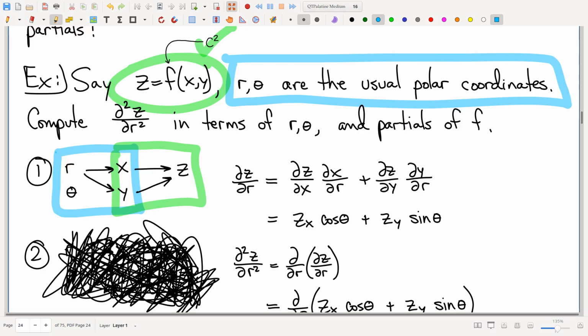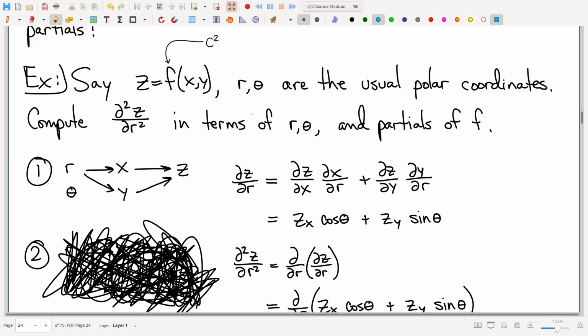Polar coordinates means x and y are functions of r and theta. And we know exactly what those glue formulas are, from chapter 1. Okay, so we have a composition, and a reasonable question to ask might be, in the composition where z is a function of, among other things, r.